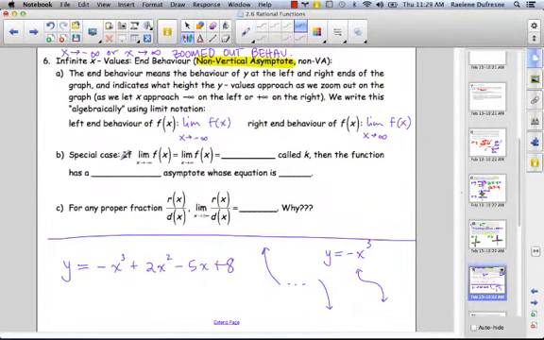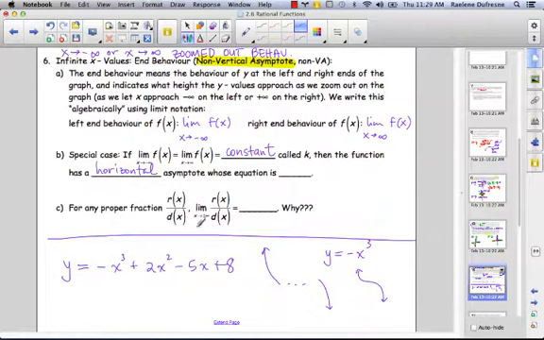So the special case of a non-vertical asymptote, or non-VA, is if the left end behavior equals the right end behavior, and that is a constant, then we are saying that y approaches a constant height when we zoom out. If we let that constant be k, what we're saying is that the function has a horizontal asymptote, because y approaches a constant.